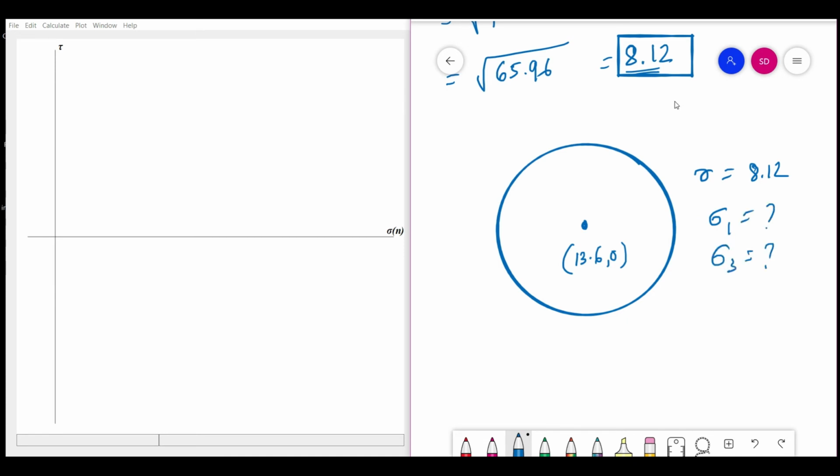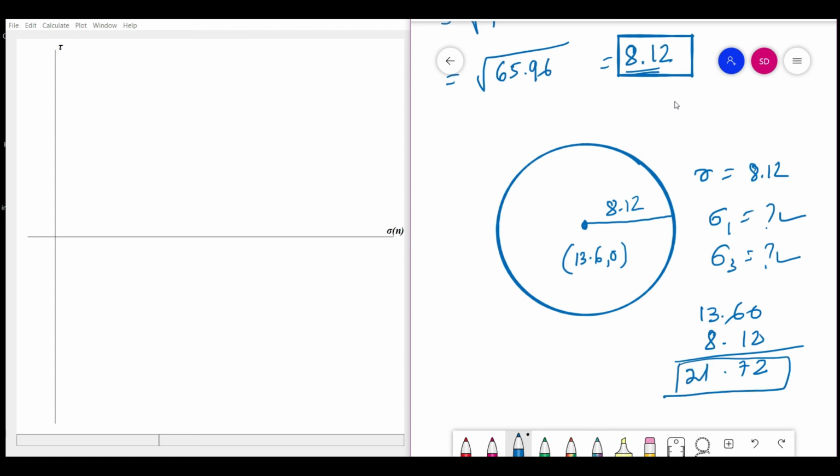Yes, very simple, because by adding the length of the radius to the center, we get the value of sigma 1, and by subtracting the same from the center we get the value of sigma 3. From 13.6, if we go towards the right by 8.12 units, we reach 21.72.